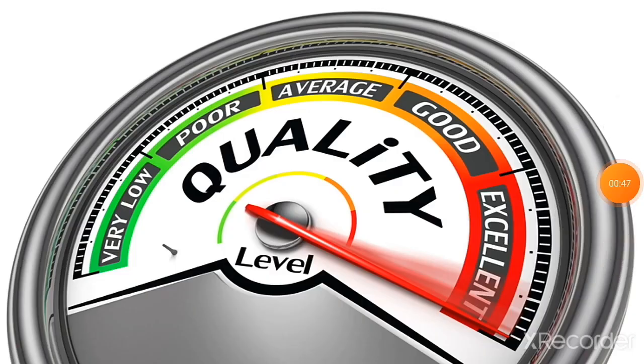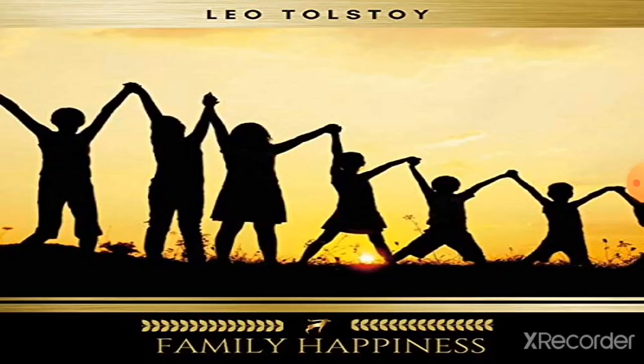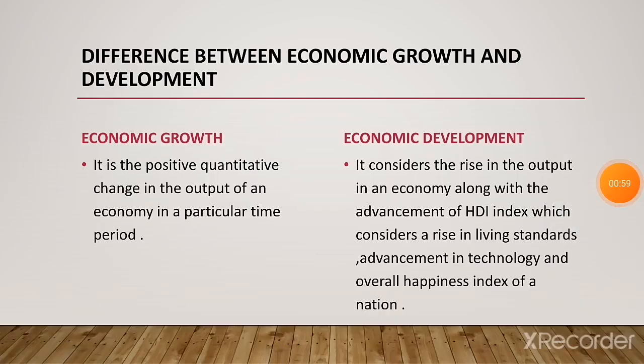That is, in economic development, a country will consider the happiness of the people, like living standard and advanced technology, along with the production. So, in economic growth, they will consider only the number of production, but in economic development, they will consider the happiness of the people.